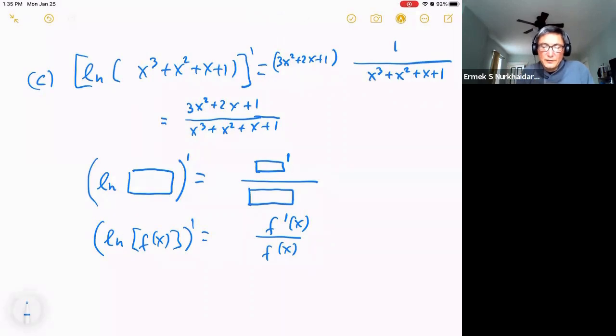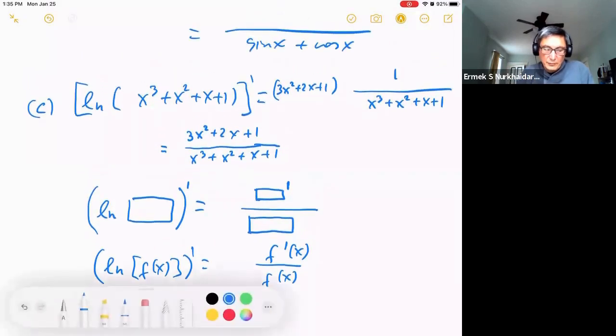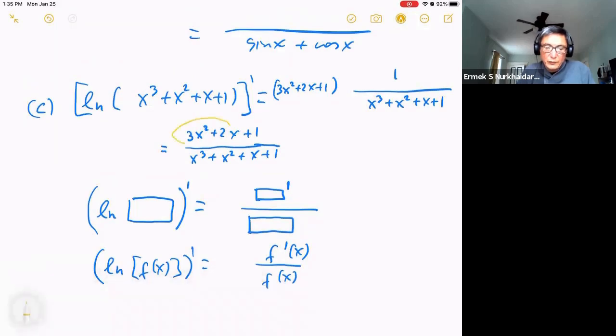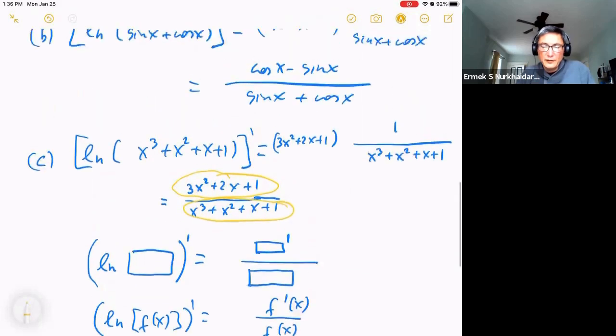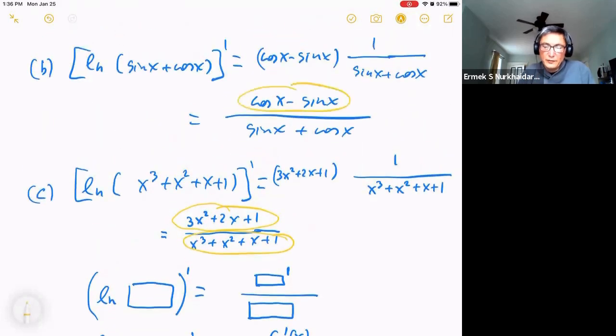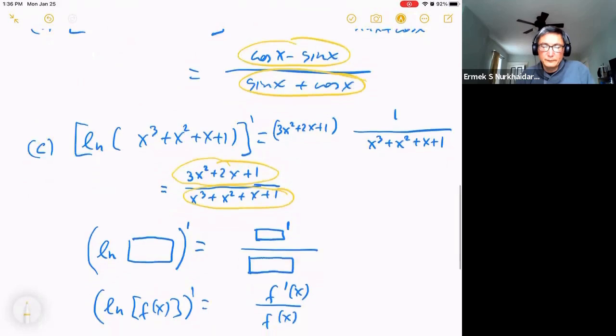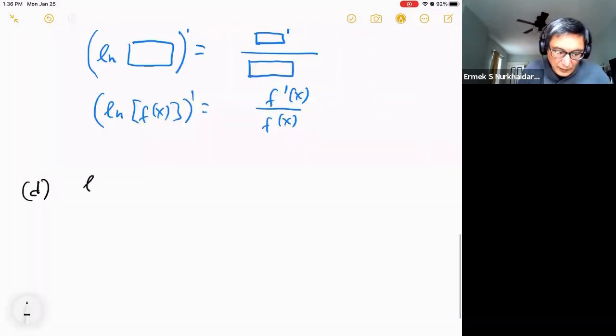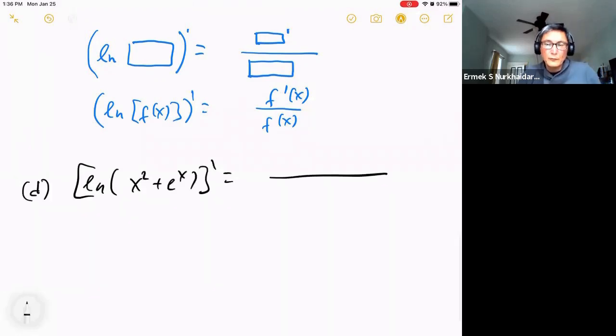That's exactly what you noticed. In the previous example, you see the derivative on top and the original function on the bottom. Same way here, you see the derivative on top and the function, the argument of ln, on the bottom. Say, ln of x squared plus e to x: its derivative is over the original argument, and on top its derivative.